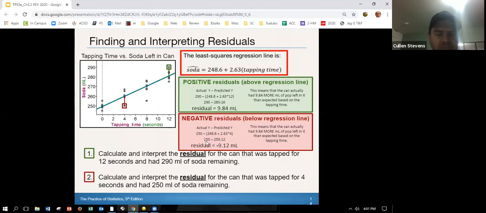Now our actual was 250. Our line was higher than that. We predicted for it to be higher than what it was. So actual minus the predicted, the residual was negative 9.12 milliliters. So we can see that we can have positive residuals that fall above the regression line and negative residuals that fall below the regression line.